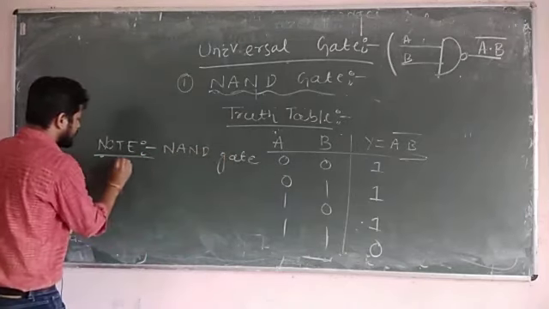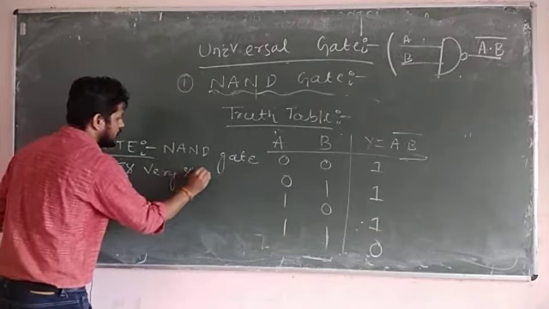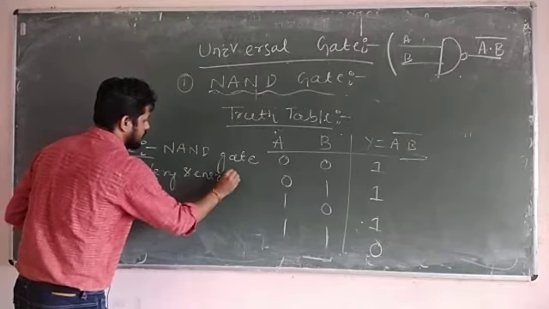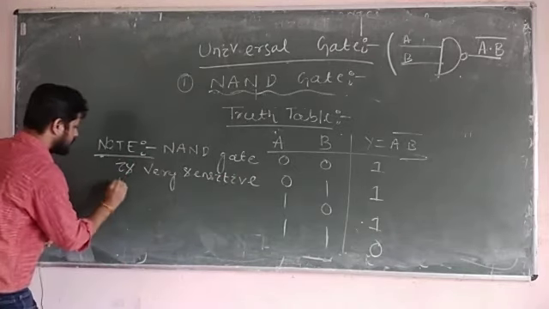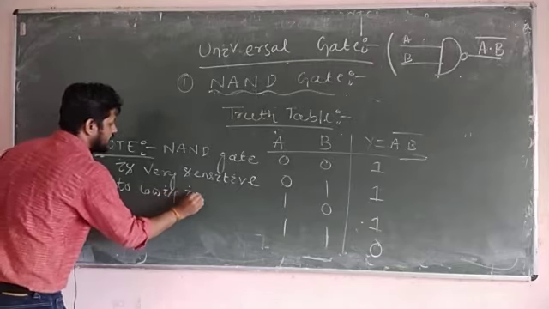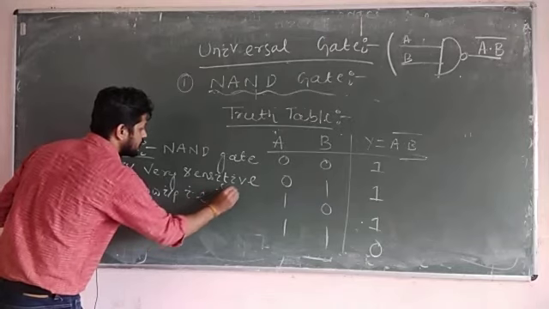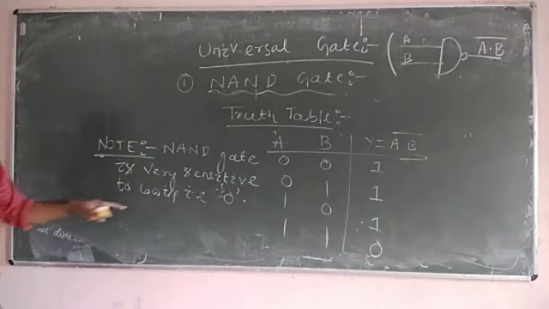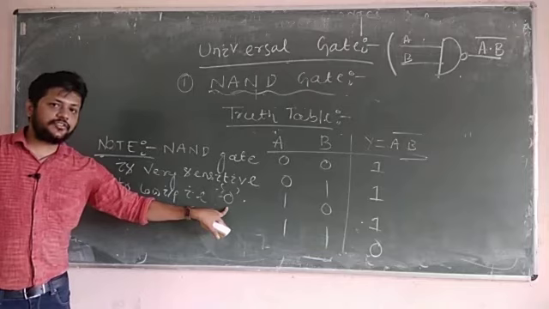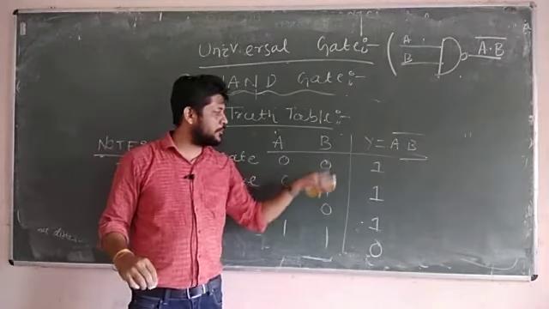The NAND gate is very sensitive to low input, that is, 0. The moment one of the inputs of the NAND gate is 0, the output will be 1. No need to see the other input.